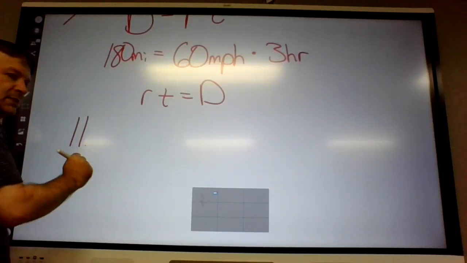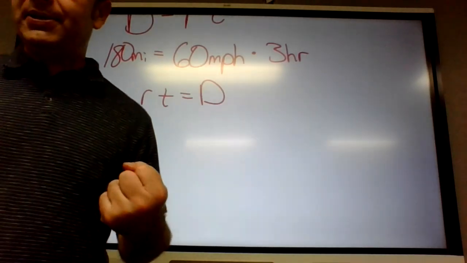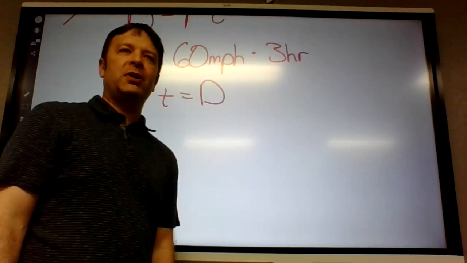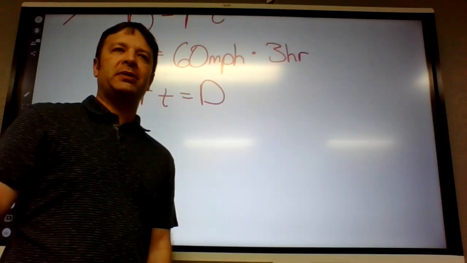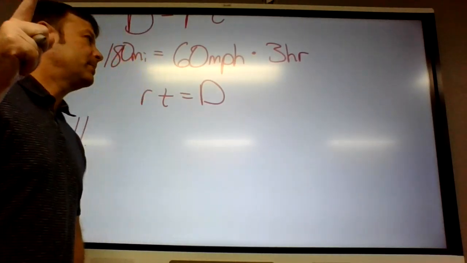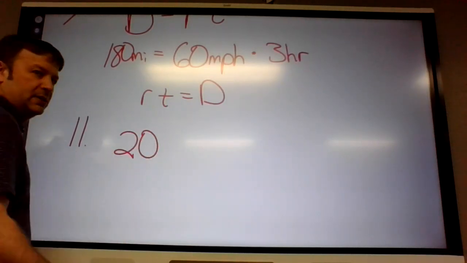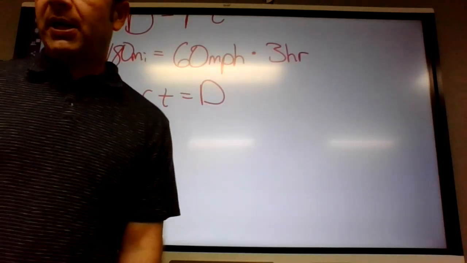So in number 11, let's jump in here. Andy won a race by sailing 20 miles an hour. 20 miles an hour is the what? Rate. 20 miles an hour is the rate. Okay.